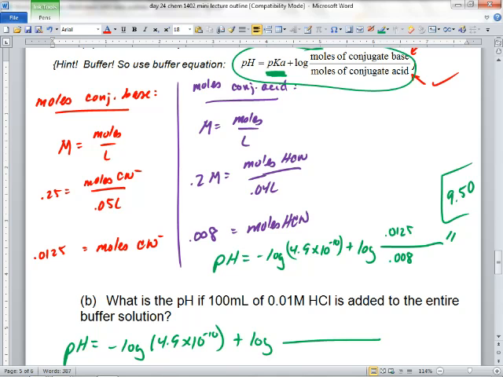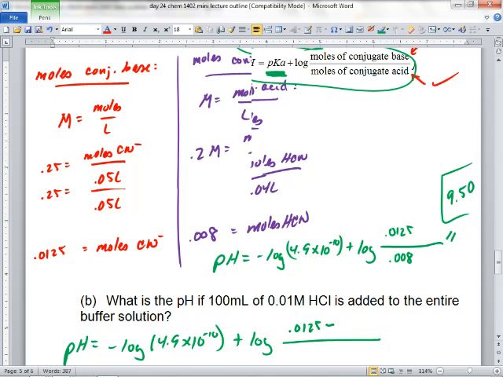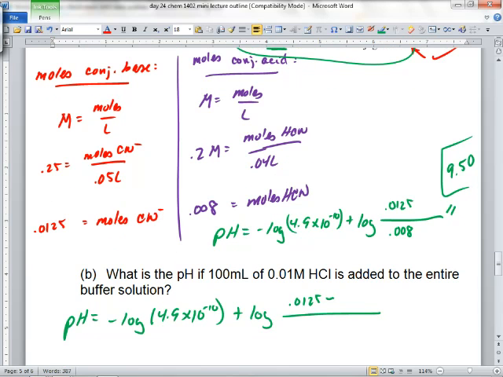So we're jumping ahead a little bit. We said our moles of conjugate base was 0.0125, and you just said it has to go down. So we put a minus sign. We don't know what it is, but we'll figure it out. And the conjugate acid, that amount has to go up, so we should have a plus down there.